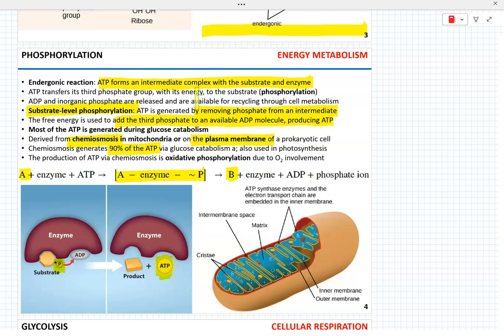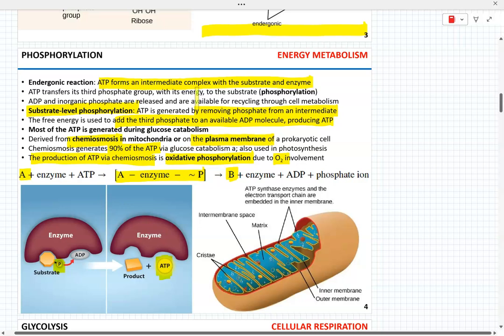Chemiosmosis is also used in photosynthesis, as we will learn soon, to generate ATP during light-dependent reactions. Since generation of ATP via chemiosmosis requires oxygen, the process is called oxidative phosphorylation.